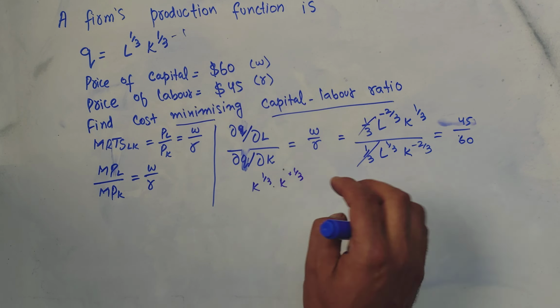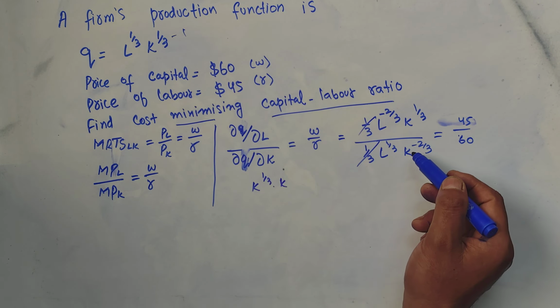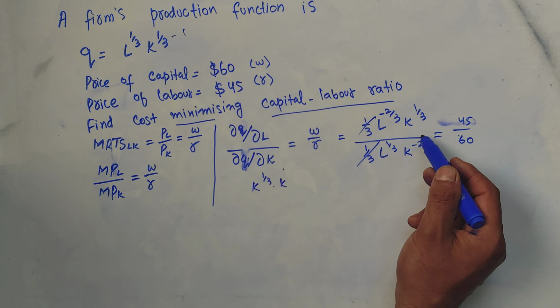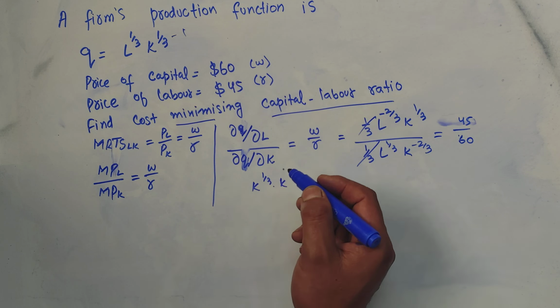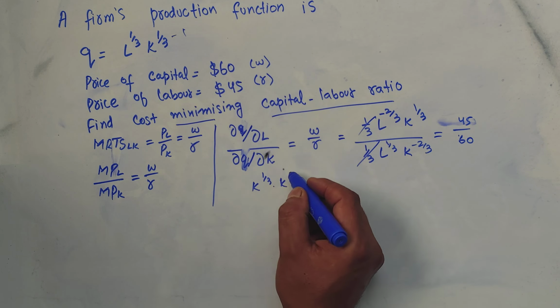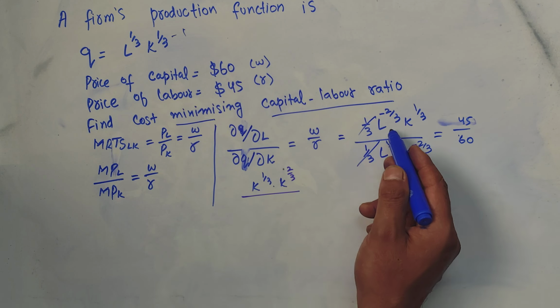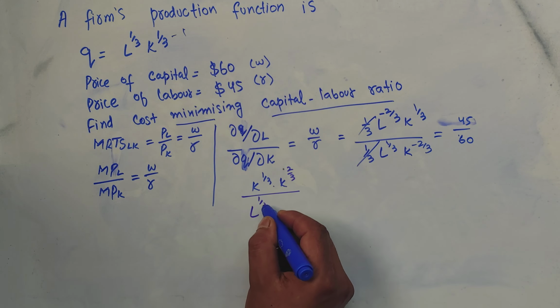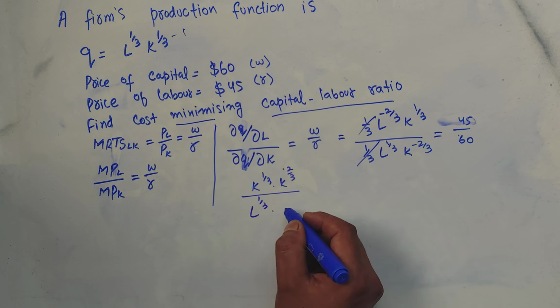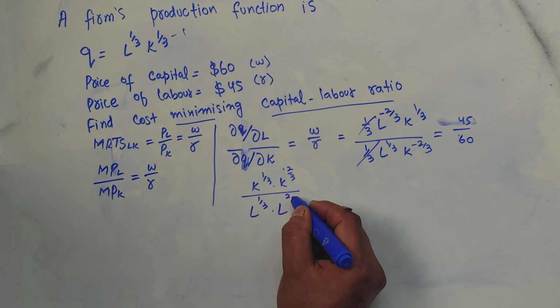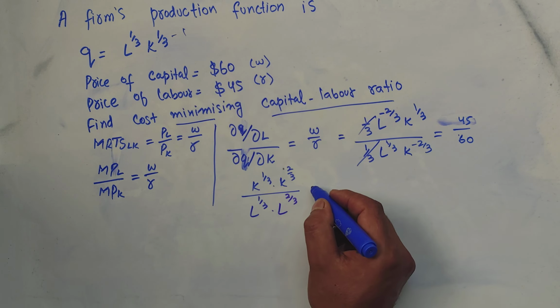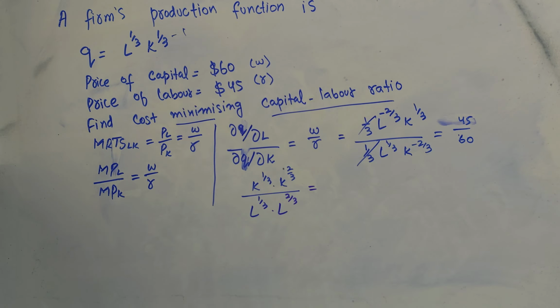If I transpose the denominator, we have 2/3, so the exponent sign changes and it gets multiplied with the numerator, so it becomes plus 2/3 here. Likewise, transpose this L here, so we have L raised to the power 1/3 times this L, the exponent changes to positive 2/3. It should be equal to 45 upon 60.